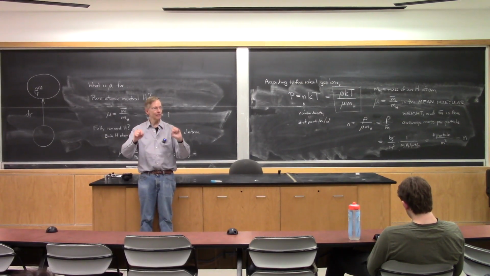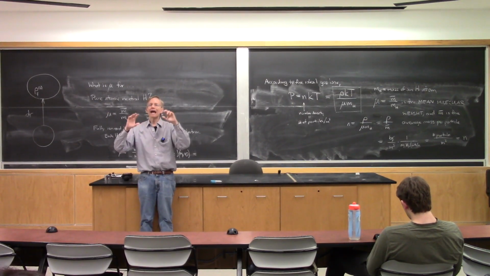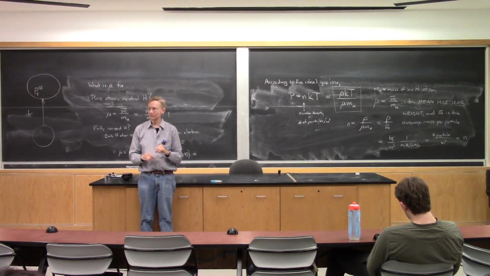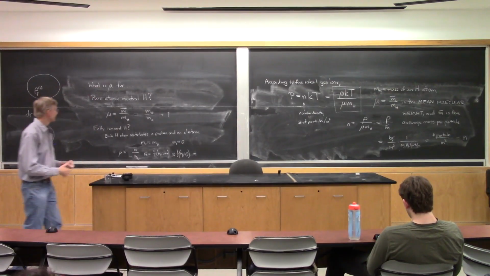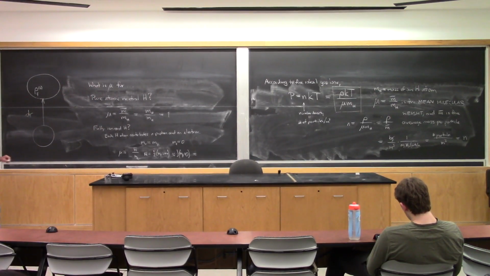If I ionize the hydrogen, you've got protons and electrons, and so the average mass per particle now is half the mass of a hydrogen atom, because every 2 particles is a hydrogen atom plus nothing, to a good approximation.